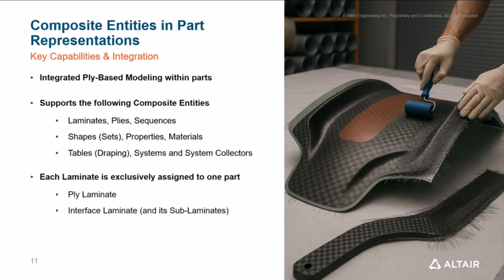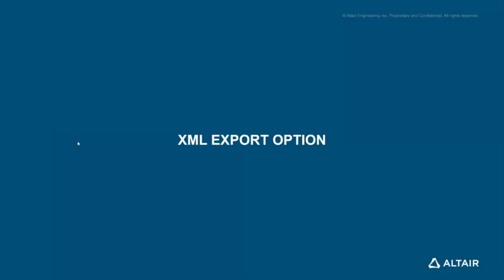That means that the sets which refer to plies of a laminate should contain elements that belong to components of exclusively one part. If not, the shared laminate is not saved in a part representation.